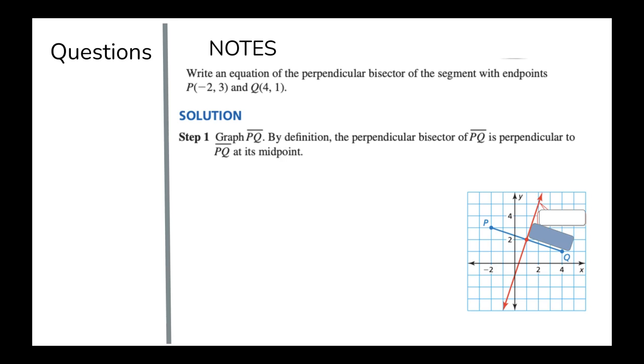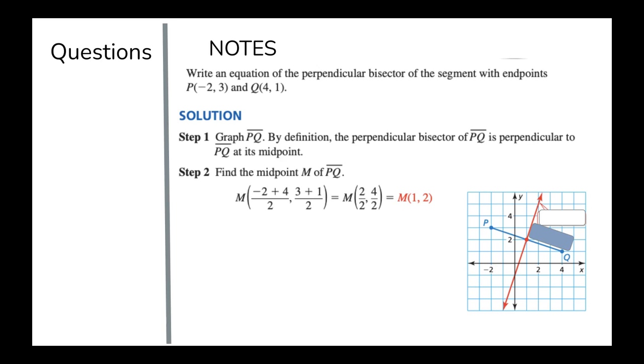And then, if you think about what we're looking at, it says you have a perpendicular bisector. So you're trying to write the equation for the perpendicular bisector. Remember, the perpendicular bisector will pass through the segment PQ at the midpoint. So we need to find the midpoint from P to Q. To find the midpoint, we can use the midpoint formula, where you add the two x's together and divide by 2, add the two y values together and divide by 2.